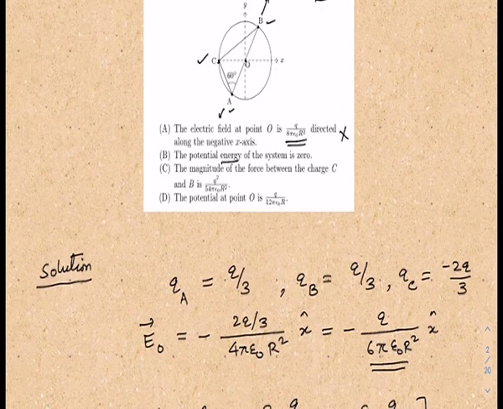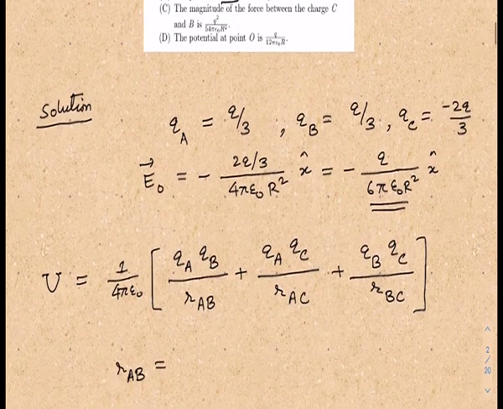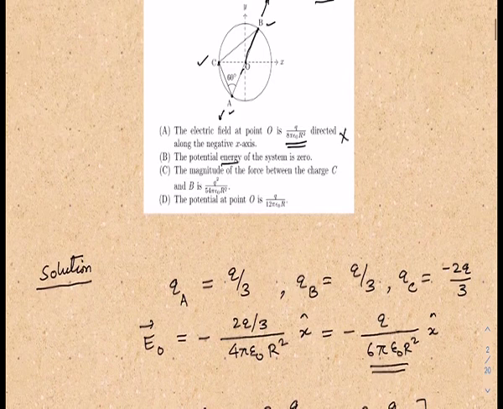RAB, the distance, is the diameter, so it is simply twice R. RAB is equal to 2R. And for RAC, this angle is given as 60 degree, or this angle is also going to be 30 degree, because this one is 90 degree.